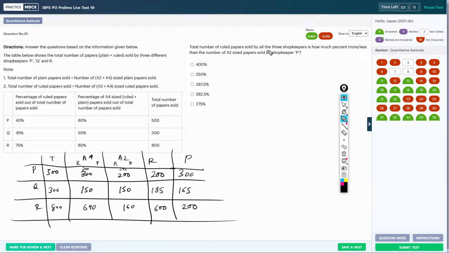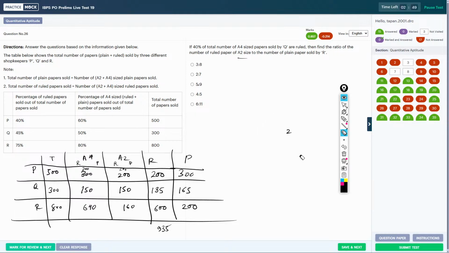Number of ruled papers sold by all three shopkeepers 800, 935. What percent more or less than A2 sold by P? A2 sold by P. Fractional, definitely follow. 735, definitely 300 and above.